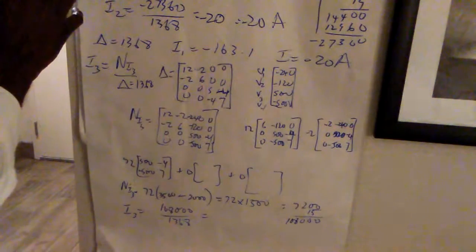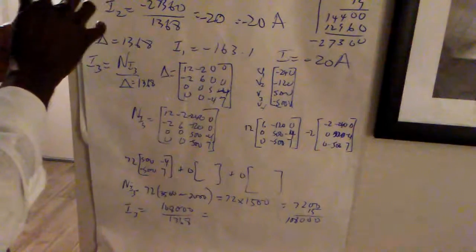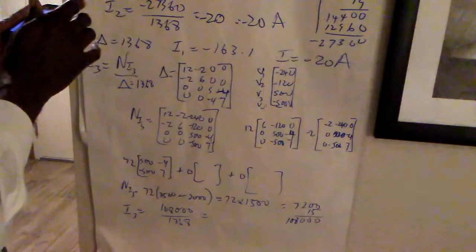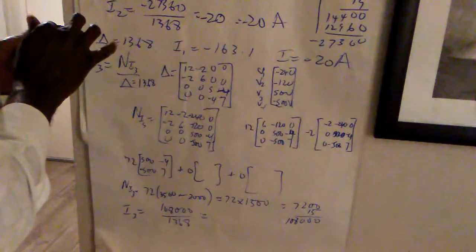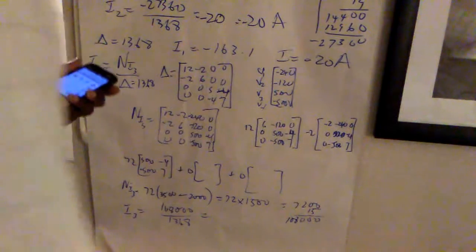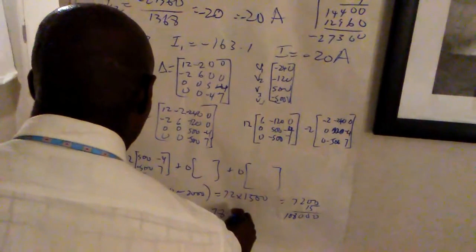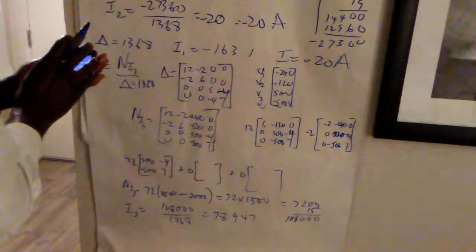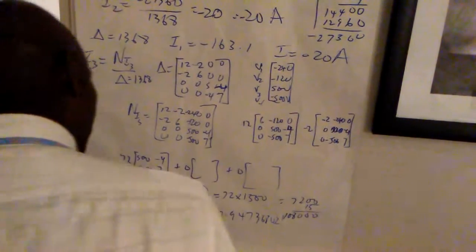We'll find our calculator, and we say 108,000 divided by 1368 is equal to 78.947368421. That's amperes, and that's positive.